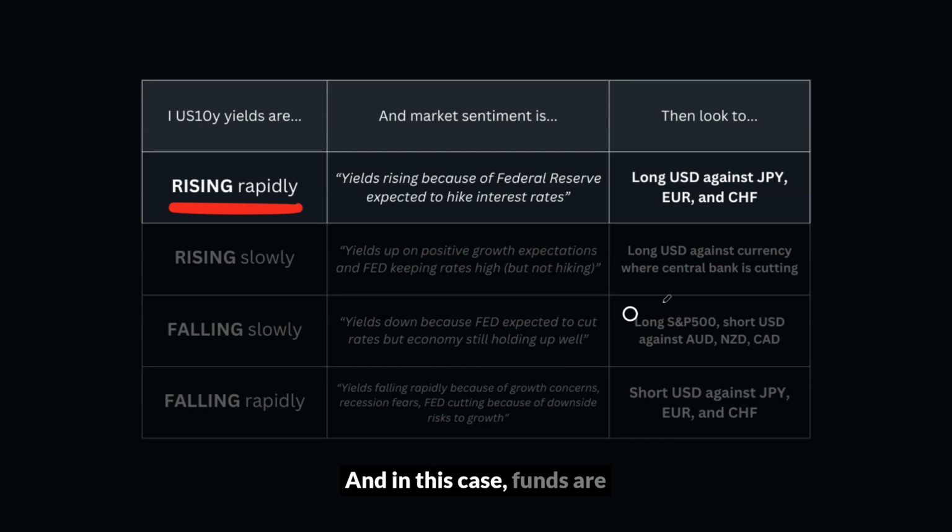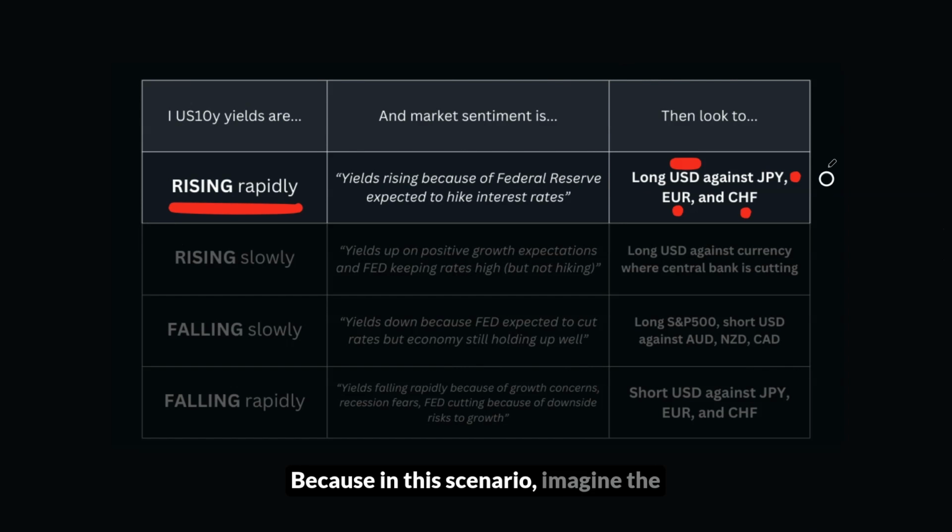And in this case, funds are very interested in what? The dollar. The dollar against often low-yielding currencies, because here is where traders want that carry. They want that high interest rate from the dollar, which is expected to potentially go even higher in this regime, and they want it against low interest rate currencies.